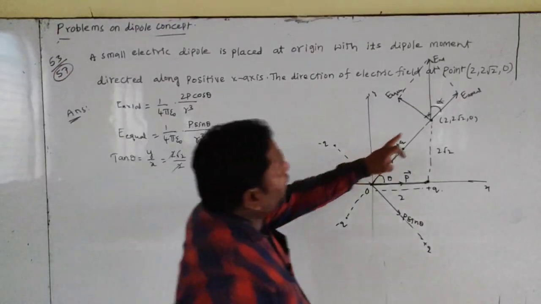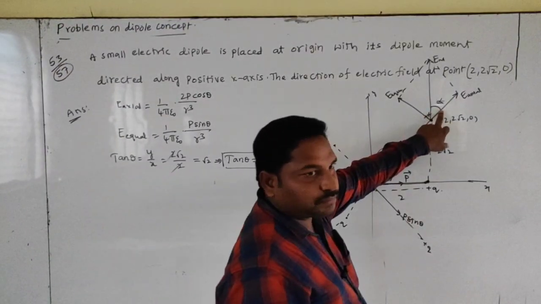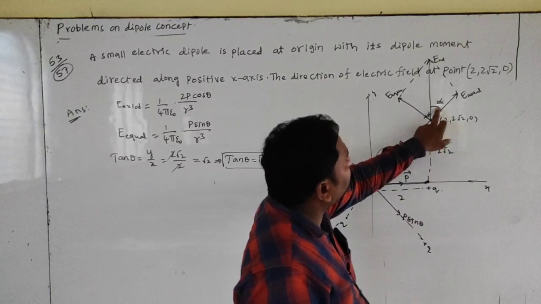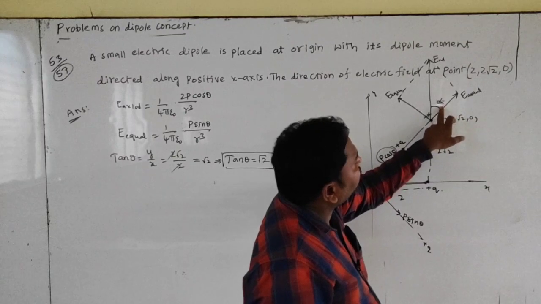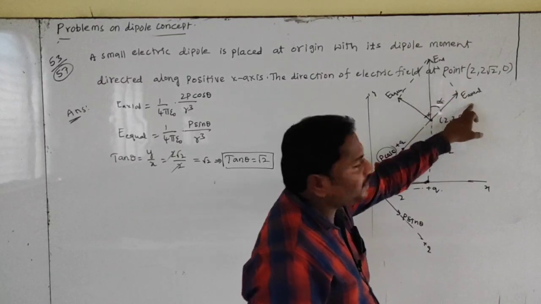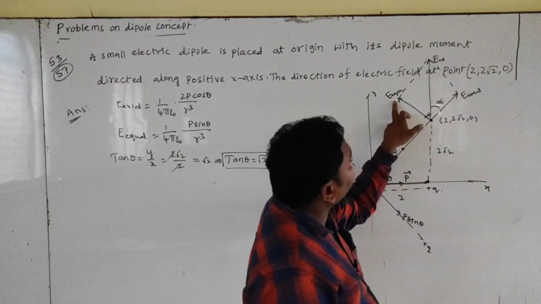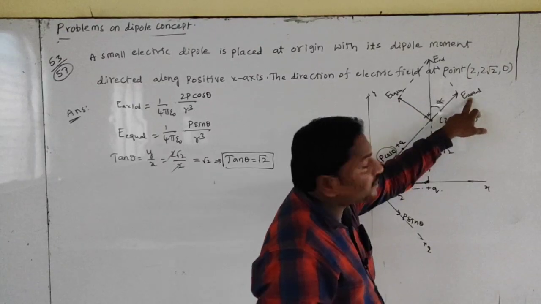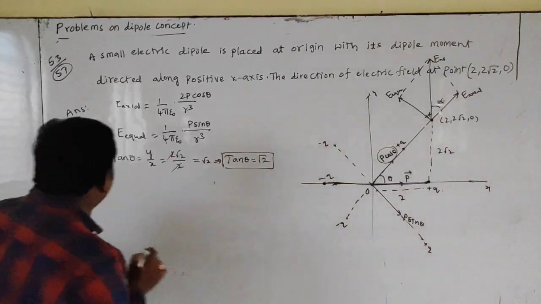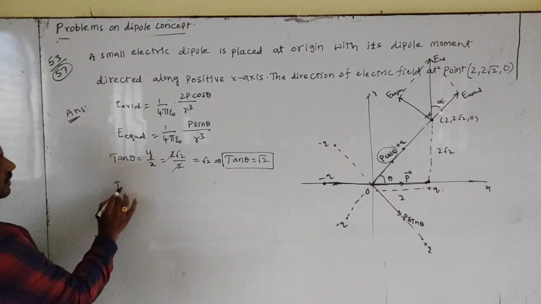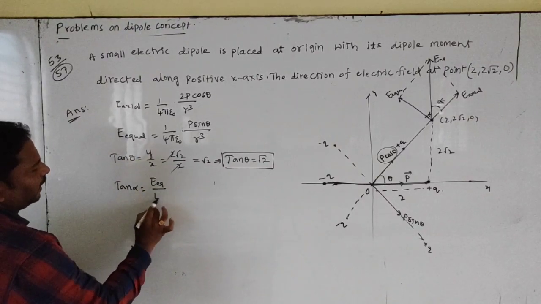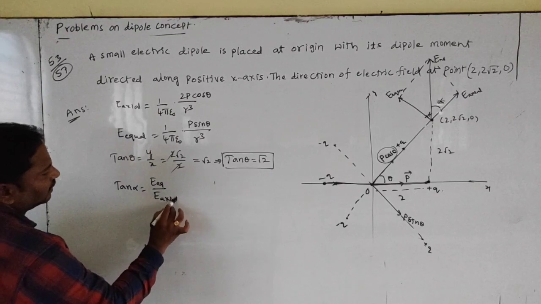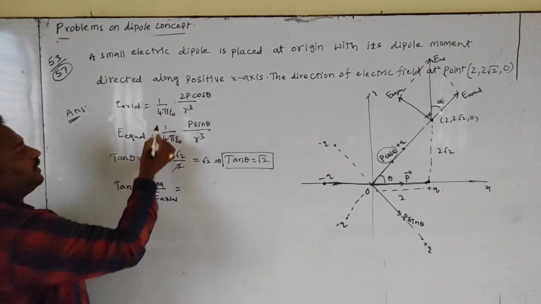Next, here it makes an angle alpha. So we can write tan alpha equals opposite side by adjacent side. The opposite side is E equatorial, the adjacent side is E axial. So tan alpha equals E equatorial by E axial. Now what is the formula for E equatorial?